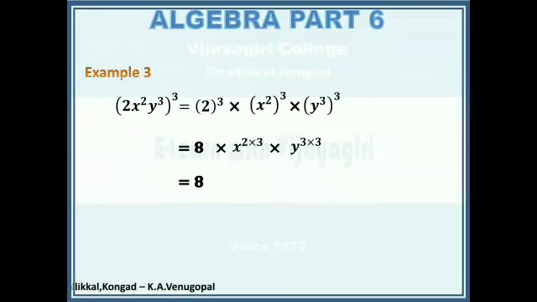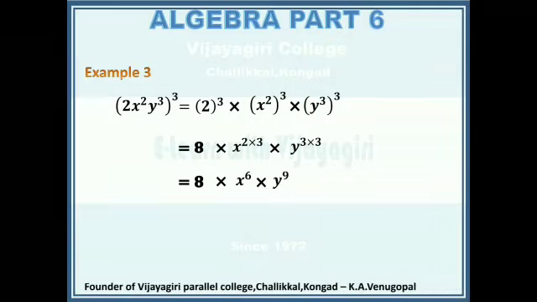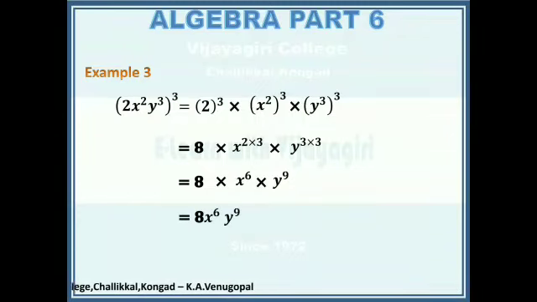And it can be simplified as 8 into x to the power 6 into y to the power 9. 2 times 3 is 6, and 3 times 3 is 9. And the answer will be 8 x to the power 6 y to the power 9.